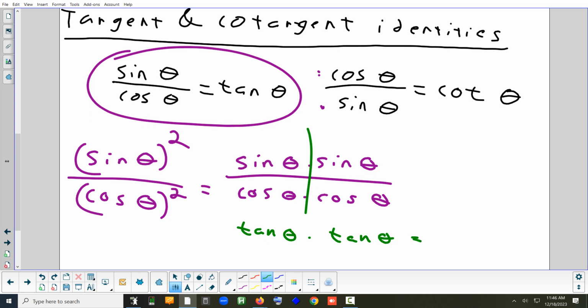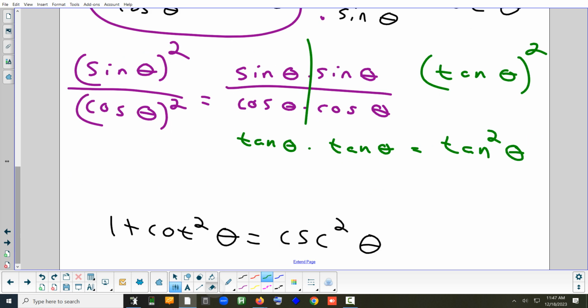Tangent squared. I'm going to show you how they write tangent squared. They usually don't put the 2 on the outside. This is how they usually do it. It's a notation thing. But tangent squared, if you had to do it on the calculator, you do have to put it in like this. On paper, though, that's how people write. So sine squared divided by cosine squared is tangent squared. All right.